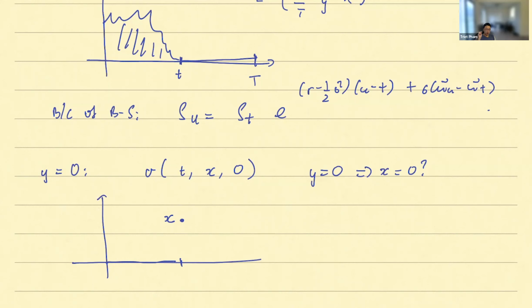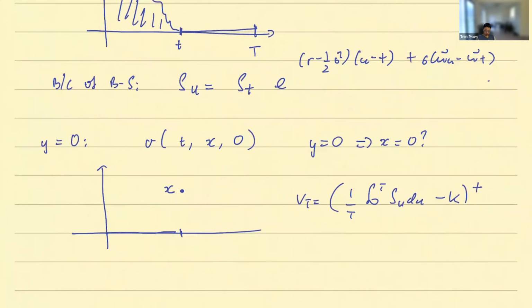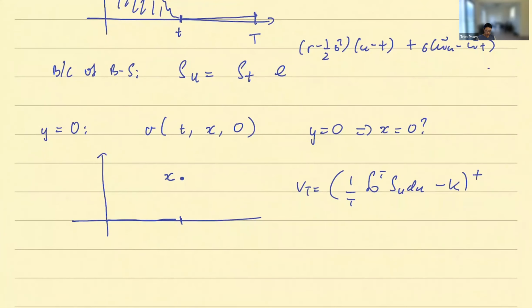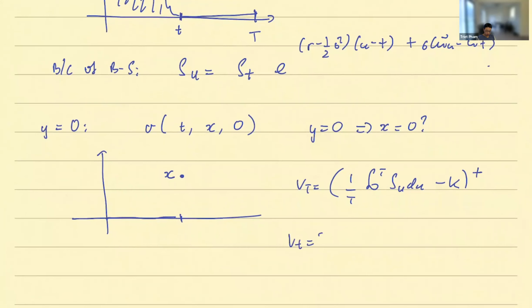So what I'm trying to say is mathematically, let's entertain this idea. V_t is 1 over t integral S_u du minus K plus, right? Can we decide V little t based on this information?